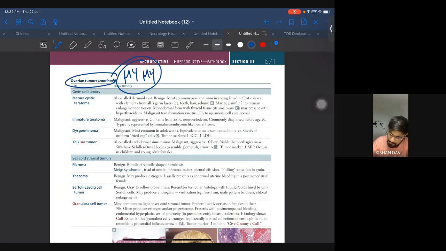Ovarian tumors, first of all, are most common in reproductive age women. This is about germ cell tumors, which occur in 10 to 30 years of age. AFP will be there and beta HCG will be there.